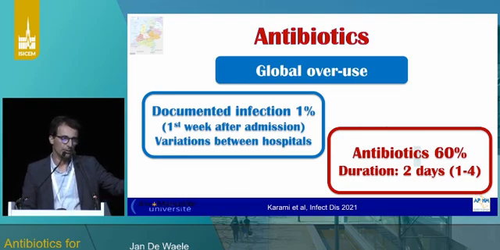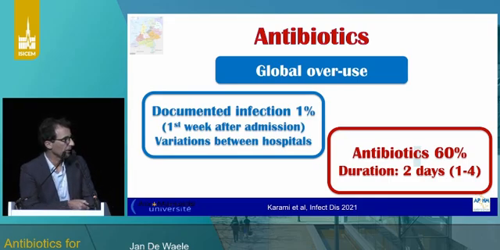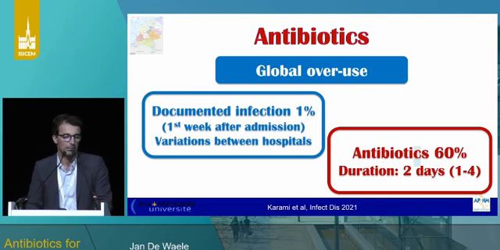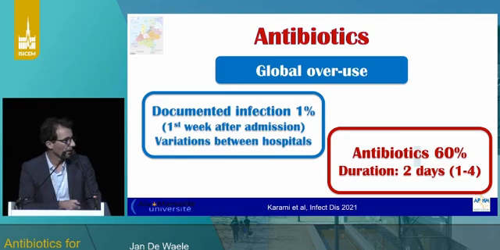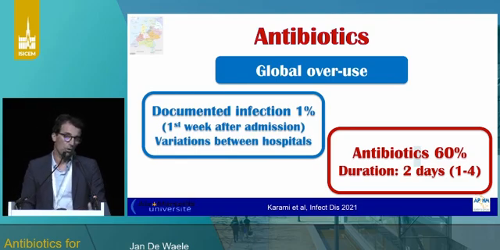It's not ICU patients, it's just hospital patients, but it's 1% with huge variations between hospitals, while the rate of administration of antibiotics is 60%. It's huge, and the duration is pretty short, but we are in the Netherlands.